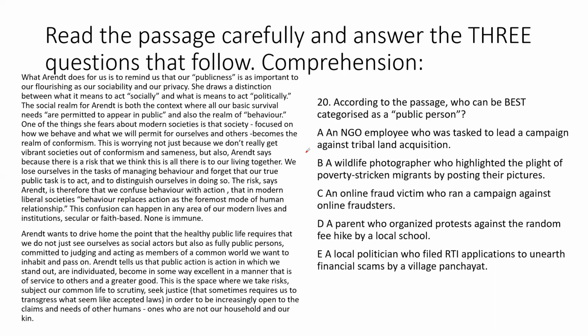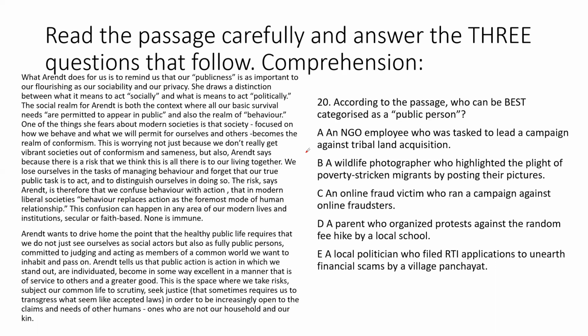She draws a distinction between what it means to act socially and what it means to act politically. The social realm is both the context where all our basic survival needs are permitted to appear in public and also the realm of behavior. One of the things she fears about modern societies is that a society focused on how we behave and what we will permit for ourselves and others becomes the realm of conformism.